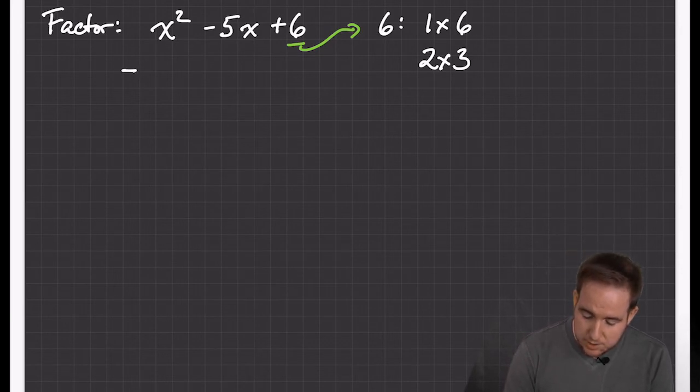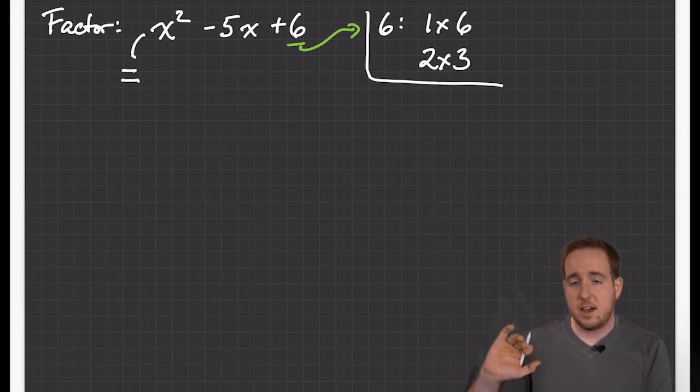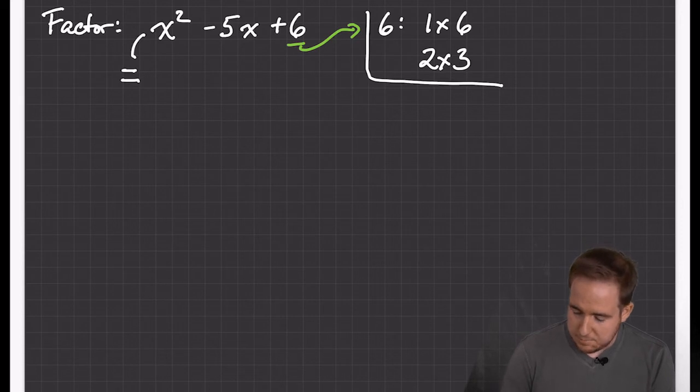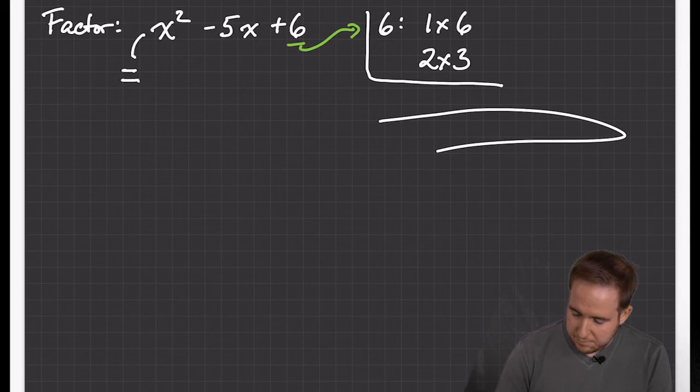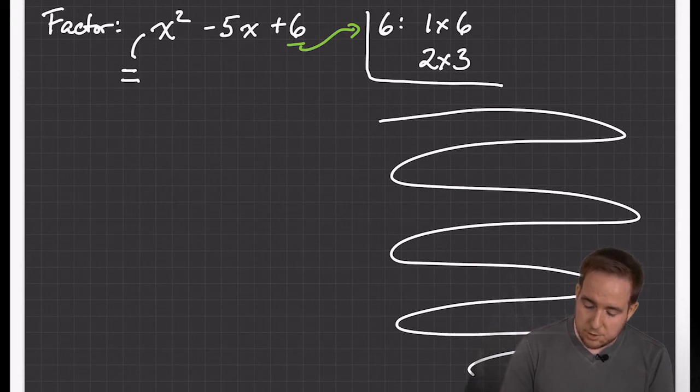My answer is going to go directly underneath the question, but this sort of mechanical boring part I put off to the side. And so this entire half of my page is left more or less empty for the times that I need it.